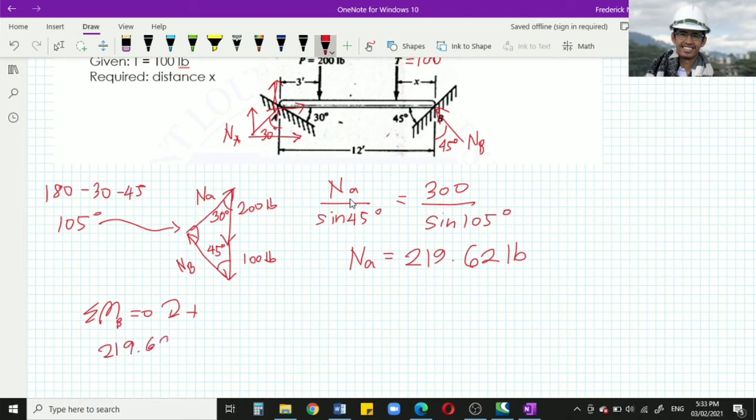219.62. So ano yung gagamitin natin? So yung angle natin is nandito, that is 30 degrees. So that will be cosine yung gagamitin natin. Okay? Adjacent dun sa ating angle.